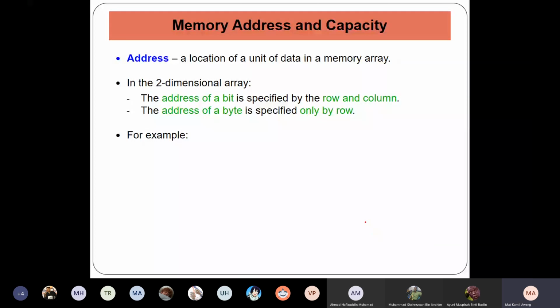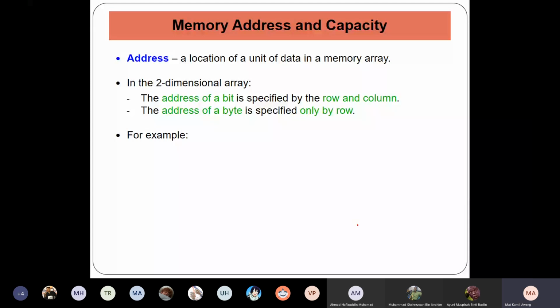And of course, when you arrange in such a manner, you need a way to indicate where that particular data is placed in the memory. So in order to do that, you have a term called address.